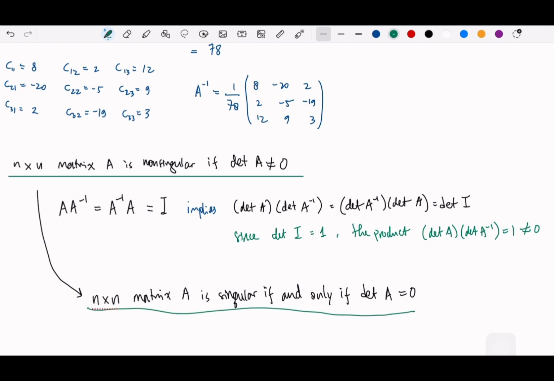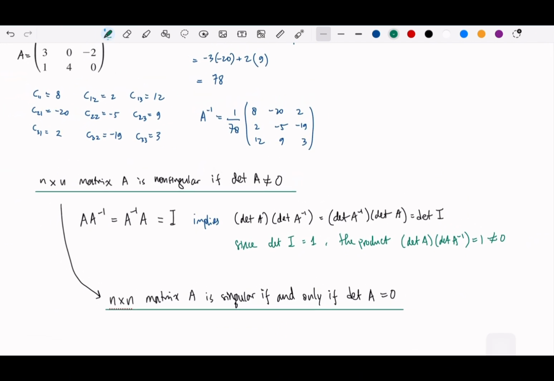So first we say that it will be non-singular if the determinant is not 0, but it will be singular only if the determinant is 0. Which means that the determinant will be your first procedure or first operation to know whether the matrix has an inverse or not.